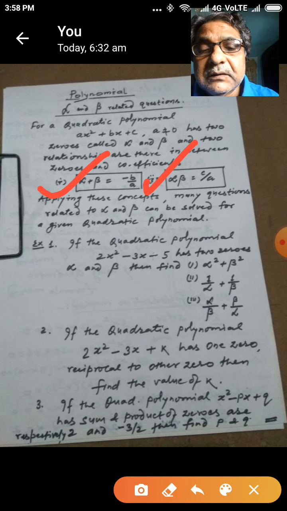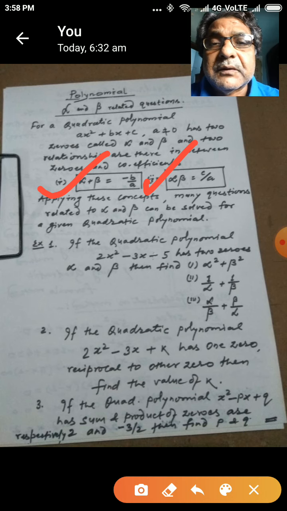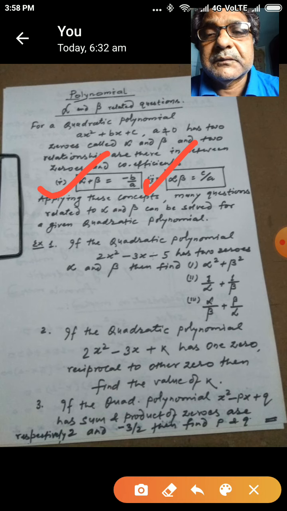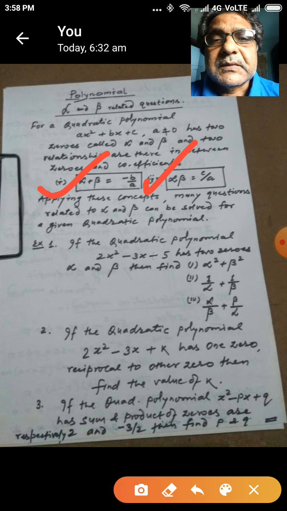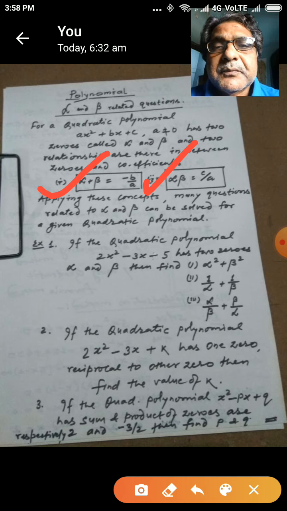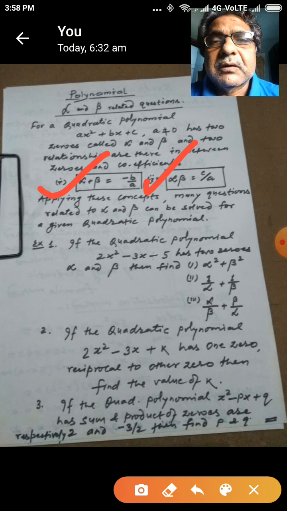Now these two relationships play a vital role in solving some specific type of question which involves sum of zeros and product of zeros. All questions related to zeros of the polynomial can only be solved with the help of these two relationships.